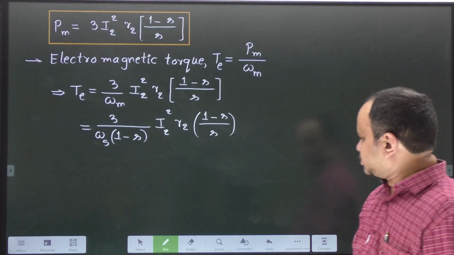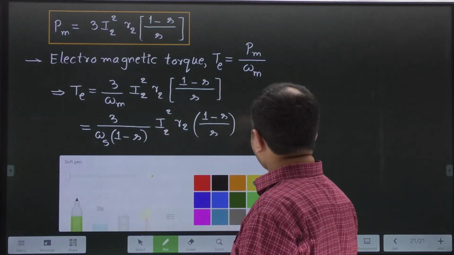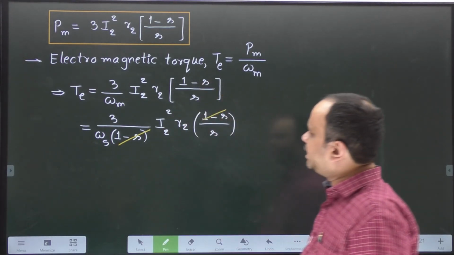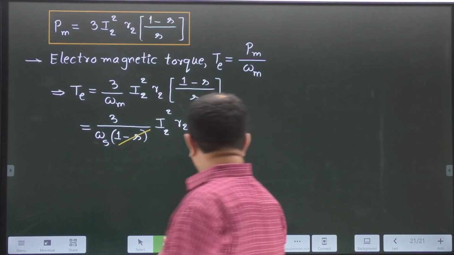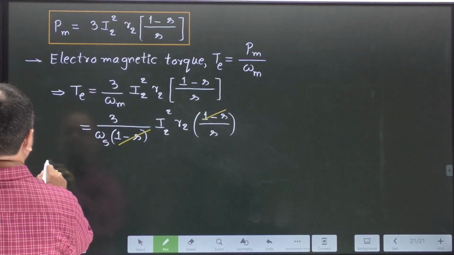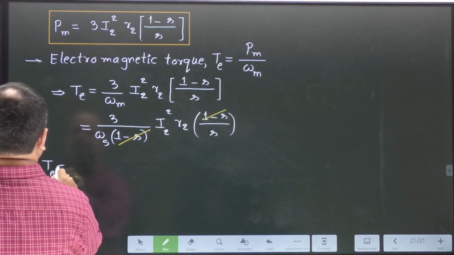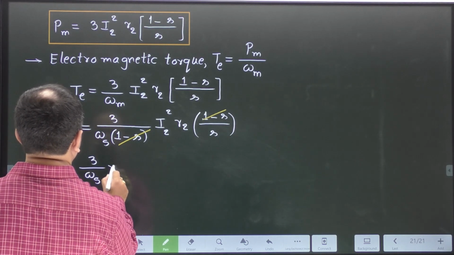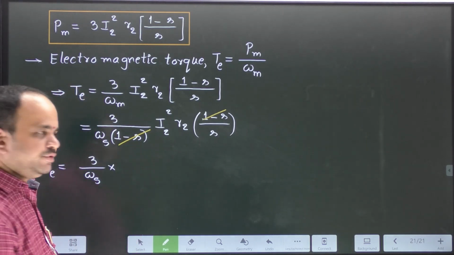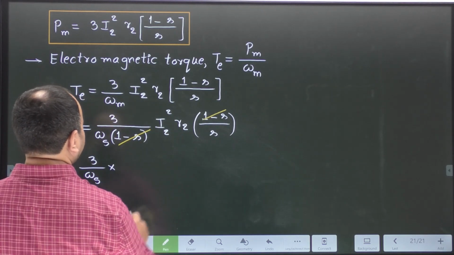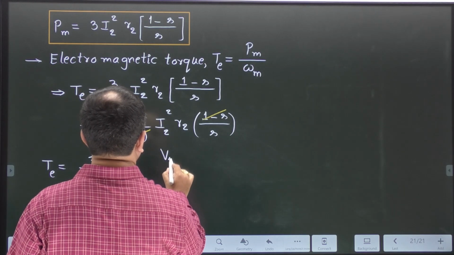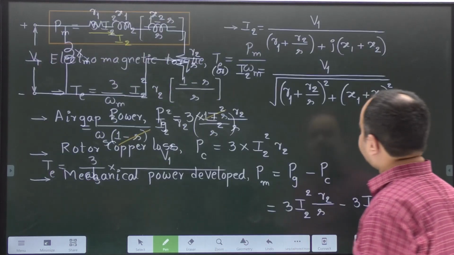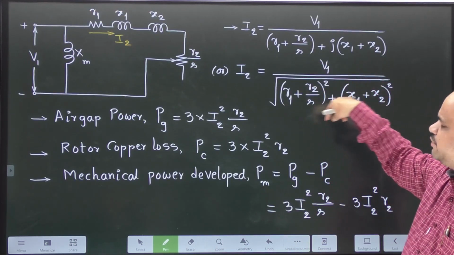Okay. So here we can cancel 1 minus s and 1 minus s. Finally, we will remaining with TE is equal to 3 by omega s multiplied with, if you substitute I2 square, you can have V1 square divided by, where in the previous slide we had a I2 equation.